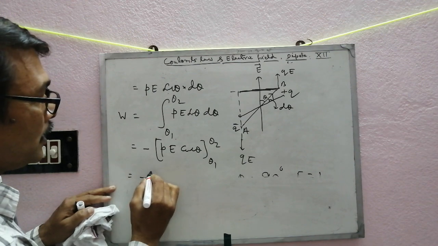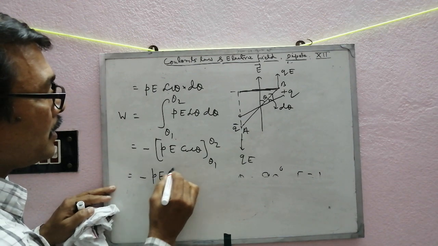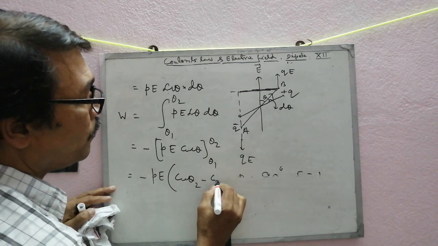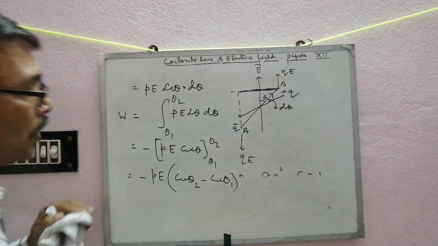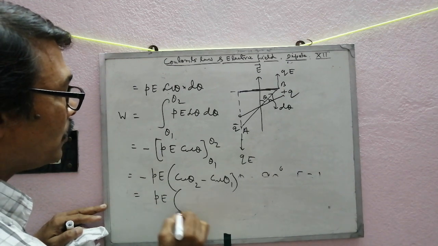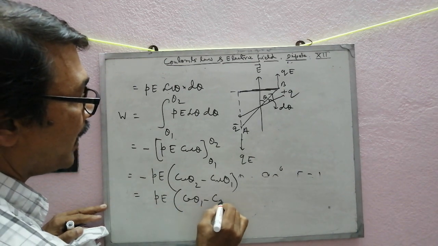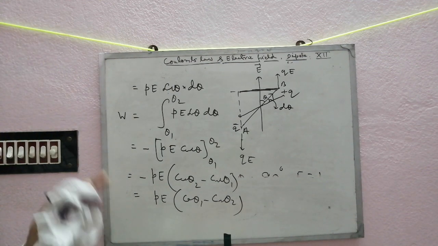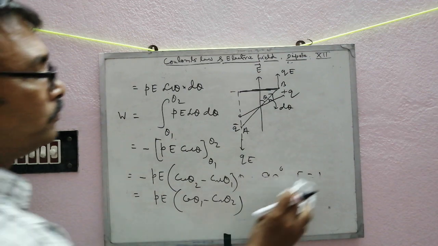So finally, PE (cos theta 2 minus cos theta 1). Again, PE (cos theta 1 minus cos theta 2). This is the potential energy stored in the dipole.